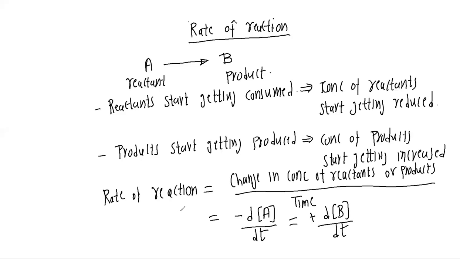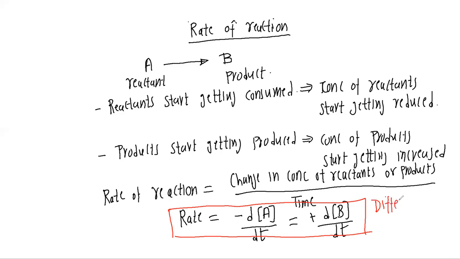That's all. Rate is so simple. And this is called a differential form. In maths, we call it as a differentiation, that is like a derivative. So the same concept. How concentration of the reactant is changing with reference to time. So simple.